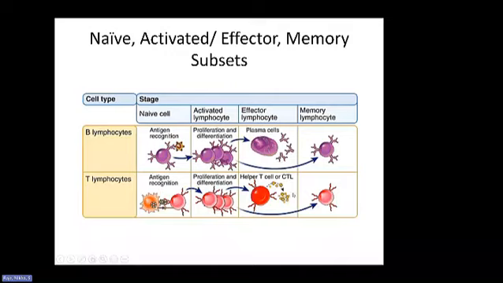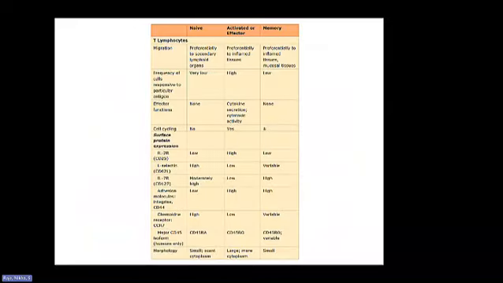For T cells, that could be subsets of various types of T cells. And then these plasma cells can produce antibodies. The helper and cytotoxic T cells can give that short-term effect from their effector molecules, but they can also become memory lymphocytes, either of them. So all four stages of the lymphocytes are important to look at.